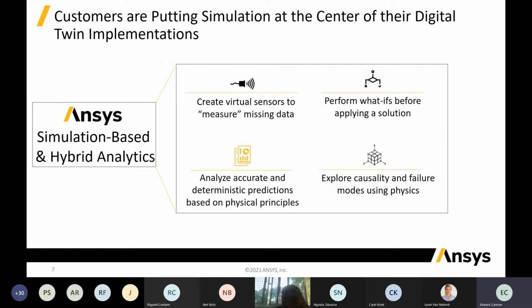Whereas with a simulation, we can start simulating these failure modes to get an understanding of what they might look like. So when we start seeing them in the field, we can immediately connect them, say this abnormal behavior, this vibration is specifically caused because we have an imbalance in the turbine blade, giving us much more nuanced and much more effective maintenance interventions.